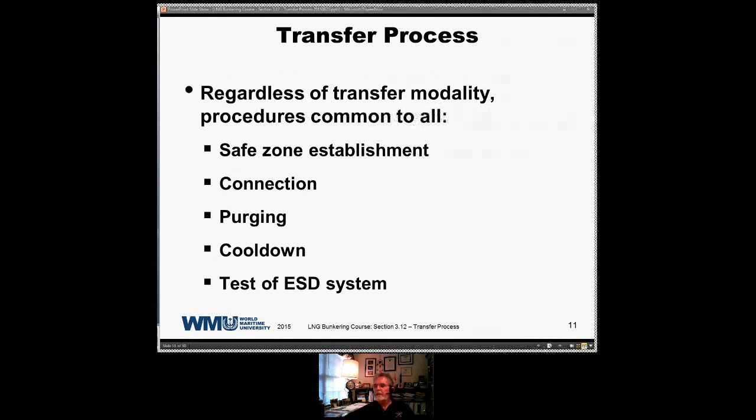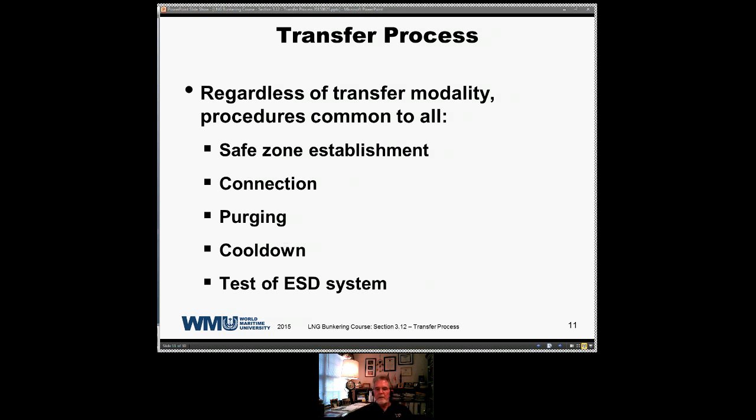Regardless of the transfer modality, there are certain procedures that are common to all. The first one, as we've talked about on numerous occasions, is the establishment of a safe zone, a security zone, around the vessel, the terminal, wherever this operation is taking place.